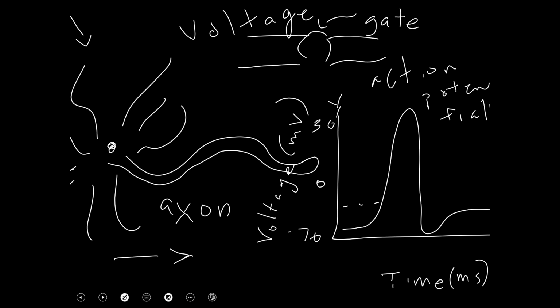So in the event that we get this action potential, class, it's actually going to be right there. And keep in mind, class, that an action potential is the very same thing as a nerve impulse. So in the event that this is a voltage gated channel, it will not open unless you reach this positive 30 millivolts. Once you reach that positive 30 millivolts, this gate will open.